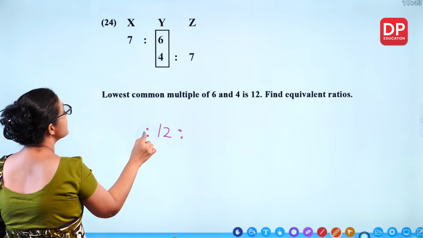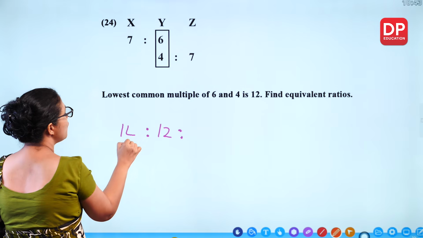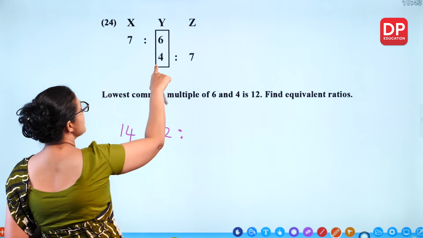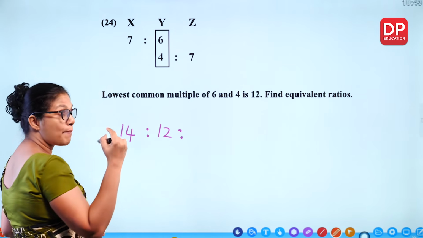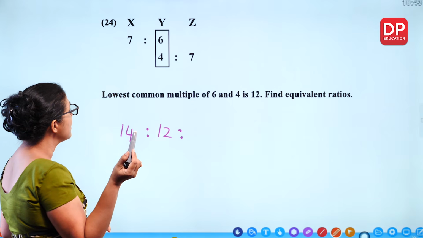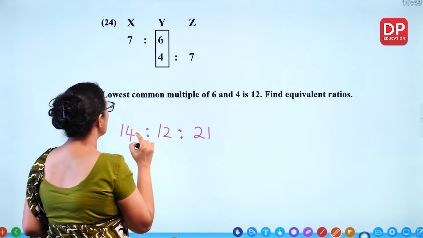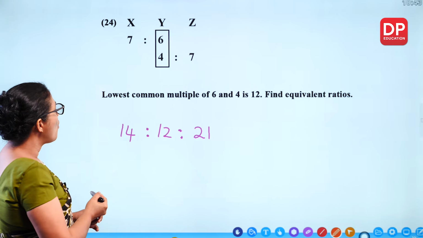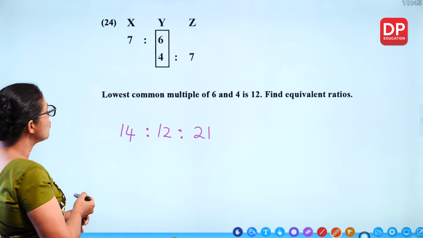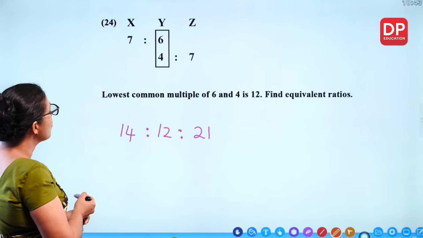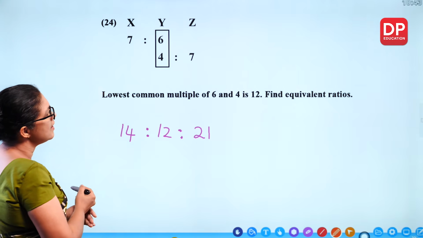So multiply 7 by 2, you get 14. This one, 4 to 12, multiplied by 3. So 7 times 3, 21. So what's the new ratio? 14 to 12 to 21. So you can't simplify. So that's the ratio.